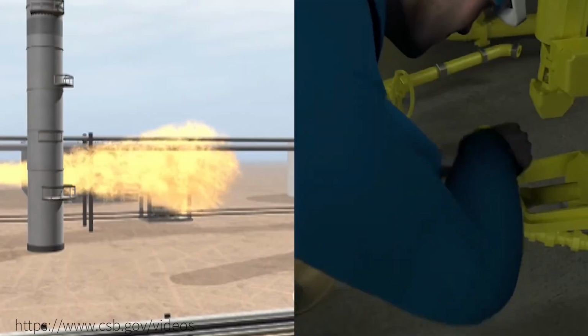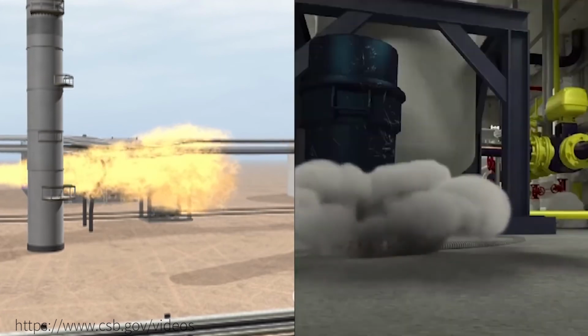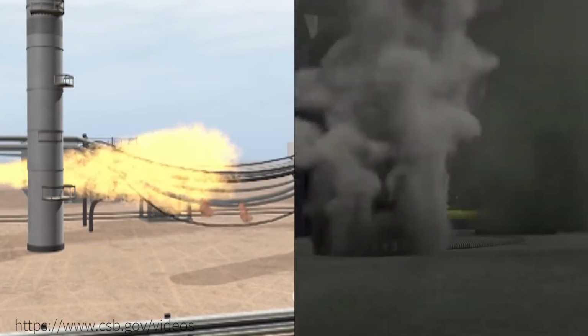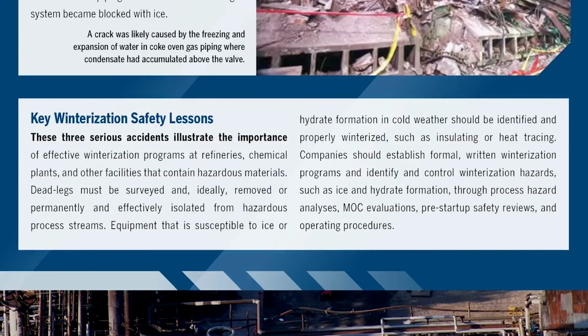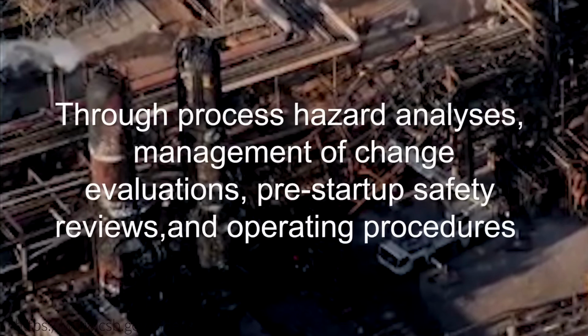These two serious accidents illustrate the importance of establishing effective winterization programs at refineries, chemical plants, and other facilities that handle hazardous materials. The CSB has established key winterization safety lessons that facilities should follow. Facilities should effectively identify and address the risk of freeze-related hazards to piping and process equipment through process hazard analyses, management of change evaluations, pre-startup safety reviews, and operating procedures.